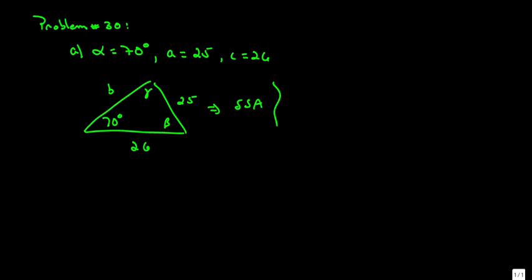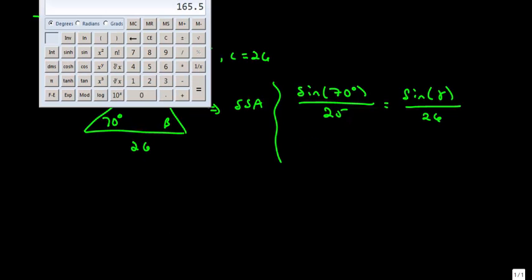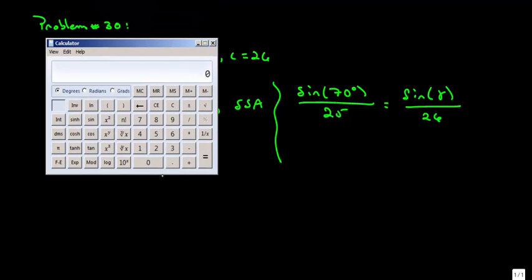So we use the law of sines. We've got the sine of 70 degrees divided by its opposing side, 25, is equal to the sine of gamma over 26. Solving that, that doesn't look right.